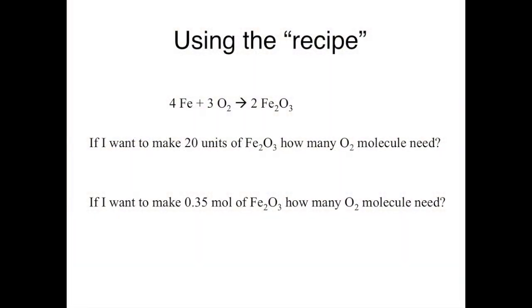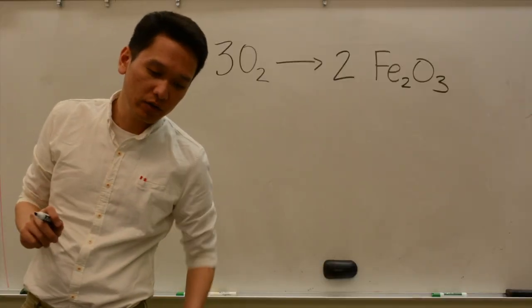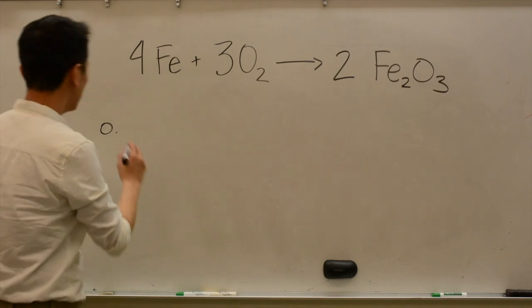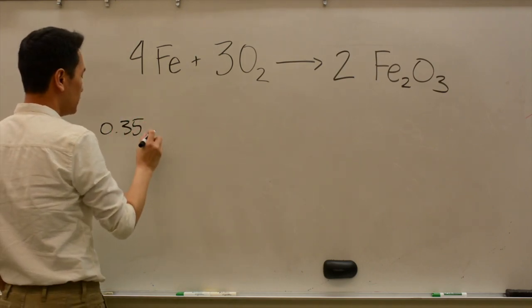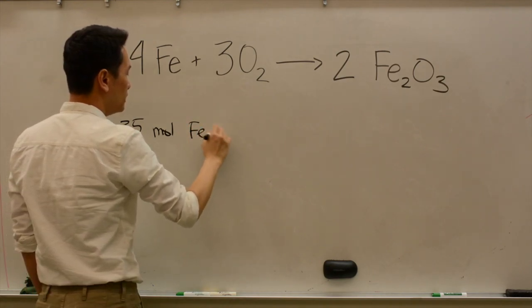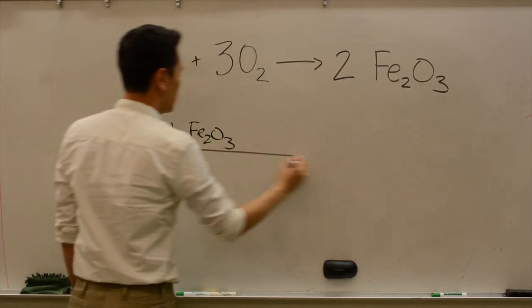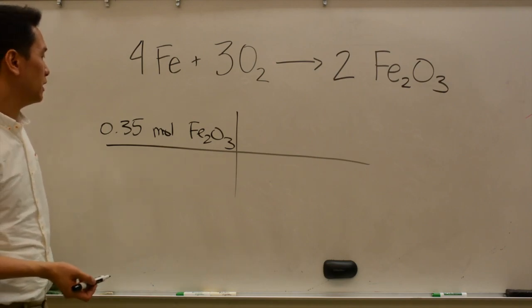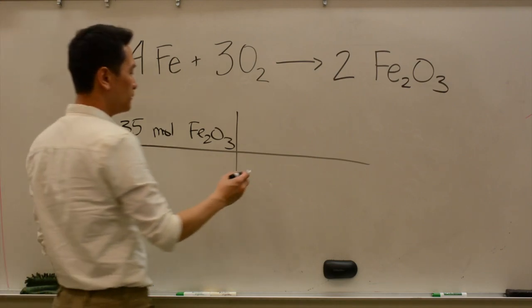If you make 0.35 moles of iron oxide, how many moles of oxygen is that? Again, 0.35 moles of iron oxide is going to give me how many moles of oxygen.